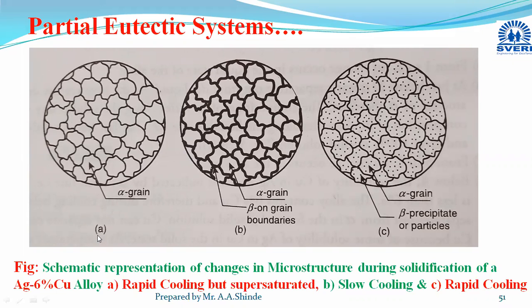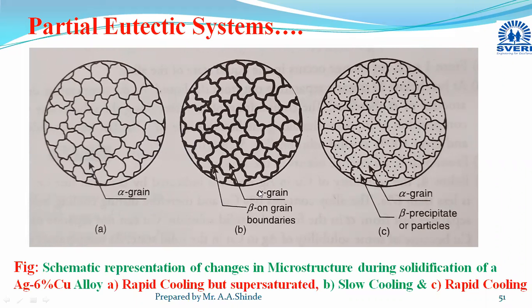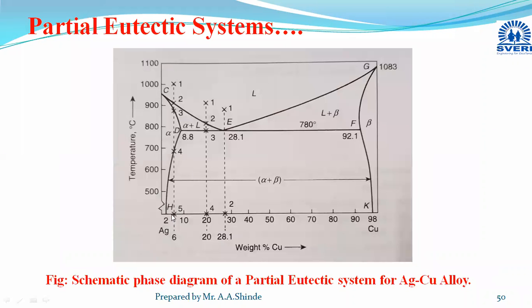Microstructure similar to this A diagram, with only alpha grains. Then when temperature falls below this point 4, beta separates out, and these two diagrams will indicate the microstructural changes in region 4 to 5.